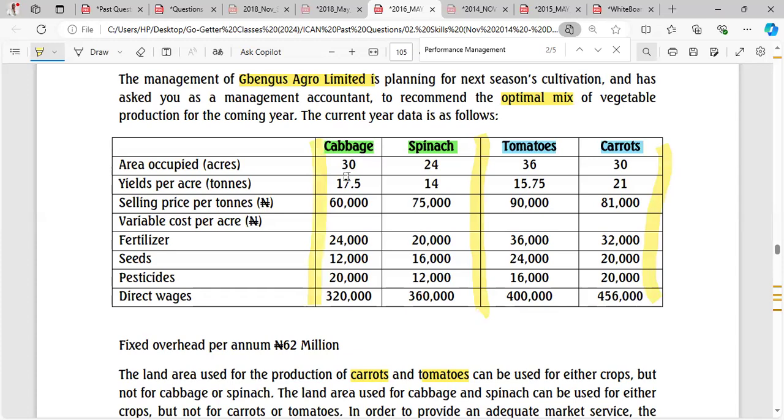Cabbage and spinach can share the same boundary, but they cannot share the boundary occupied by tomatoes and carrots. So that's just it. We share the boundaries.